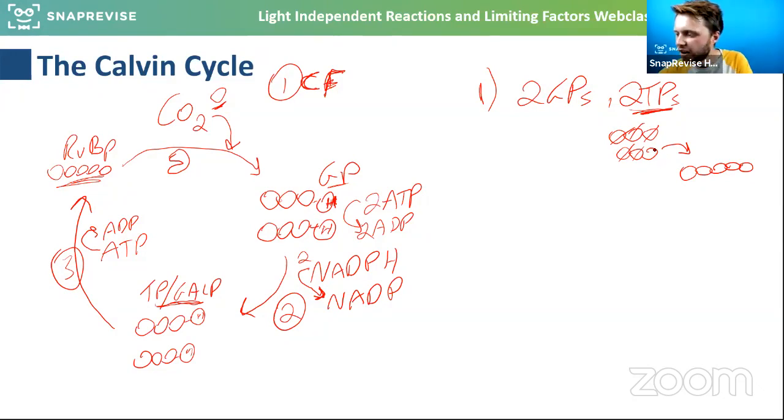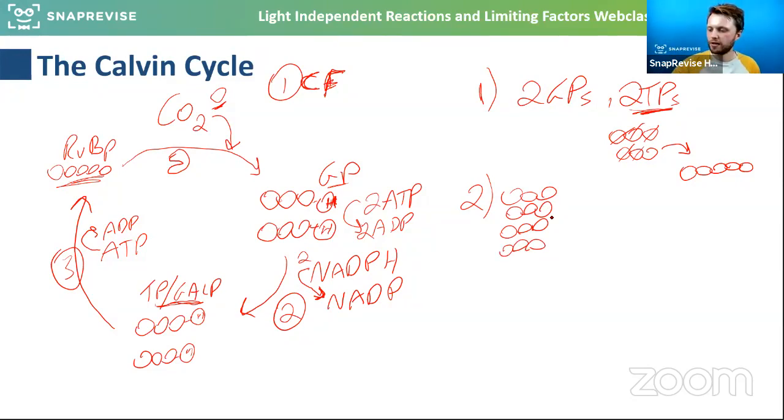If I did this cycle twice, how many TPs would there be? Excellent. So here's the second cycle. I'm going to have 1, 2, 3, 1, 2, 3, 1, 2, 3, 1, 2, 3.